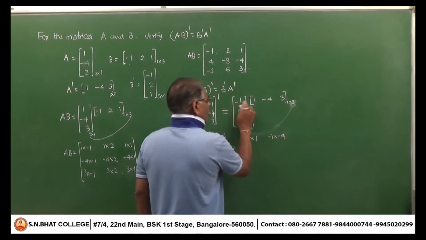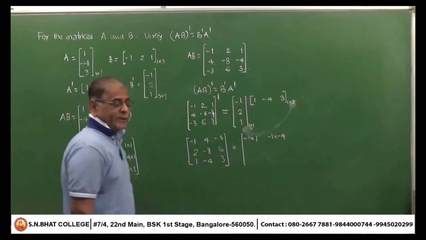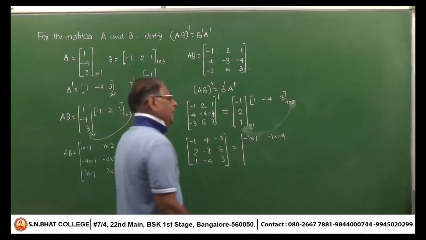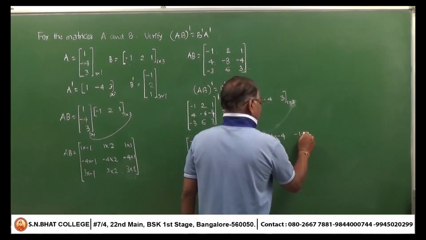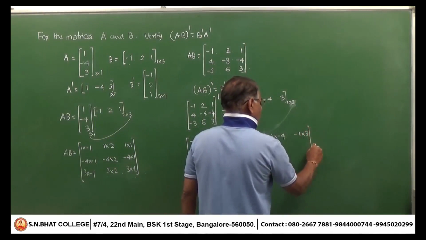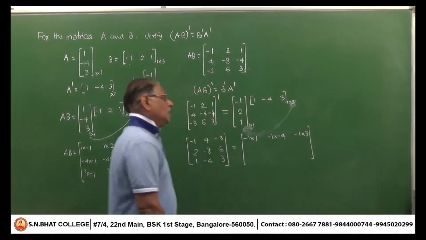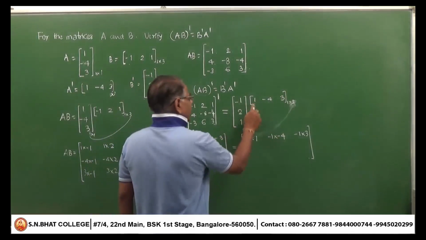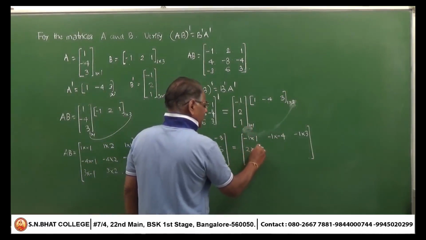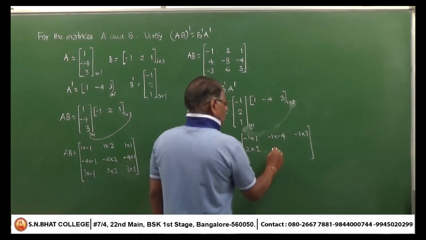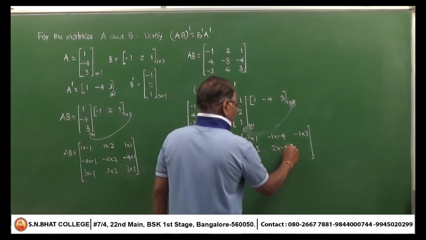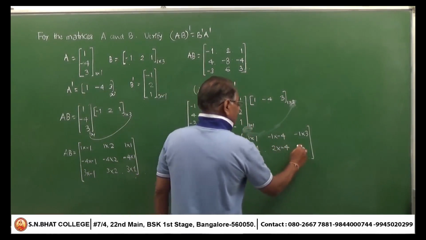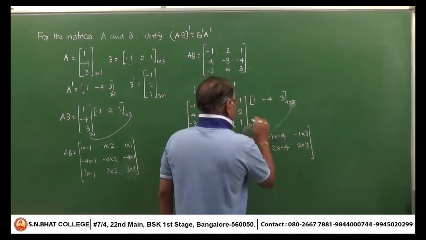Minus 1 into minus 4, first row, second column. Next, minus 1 into 3. Next, 2 into 1, second row, first column. 2 into minus 4. 2 into 3.